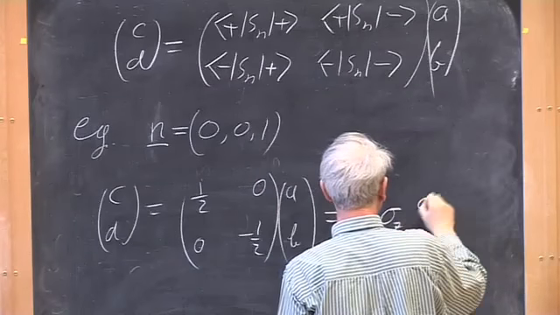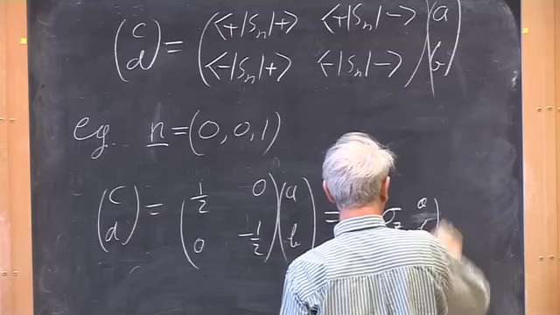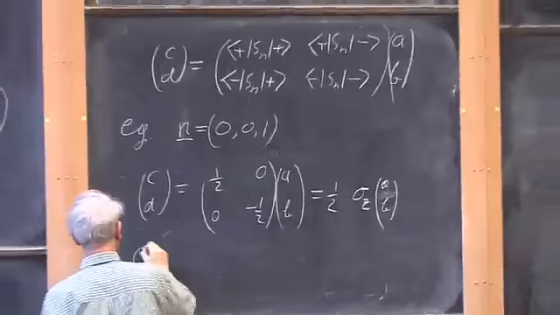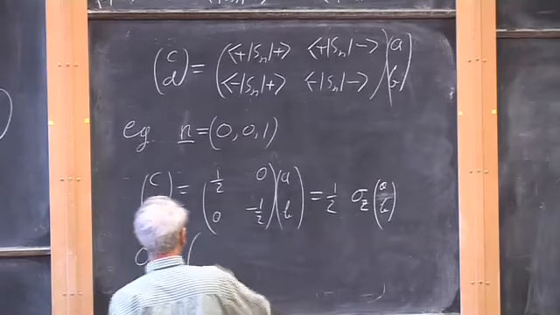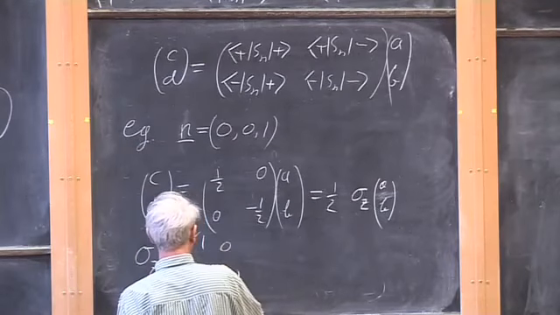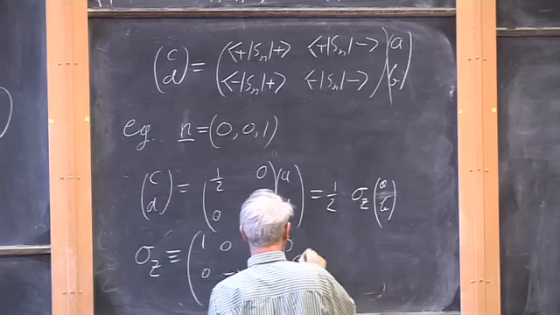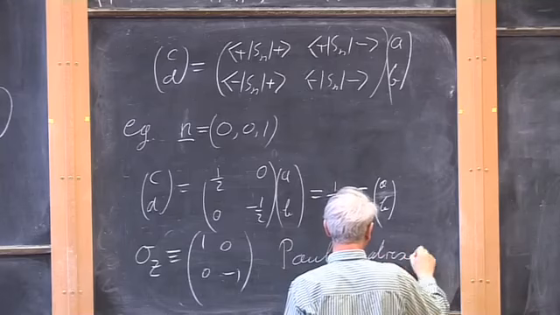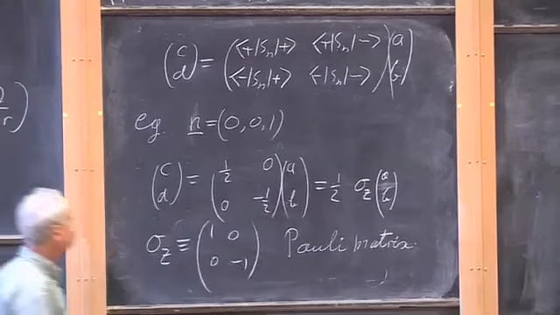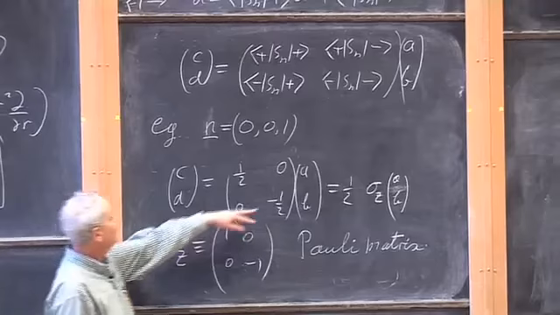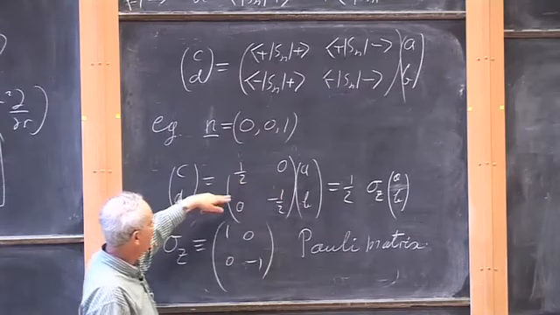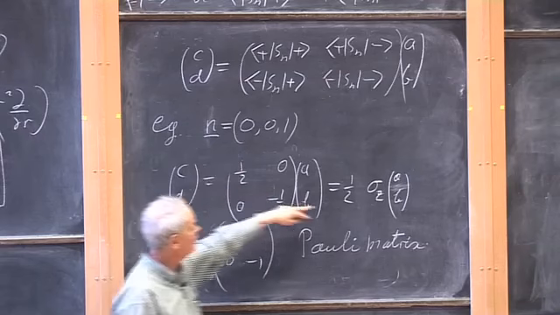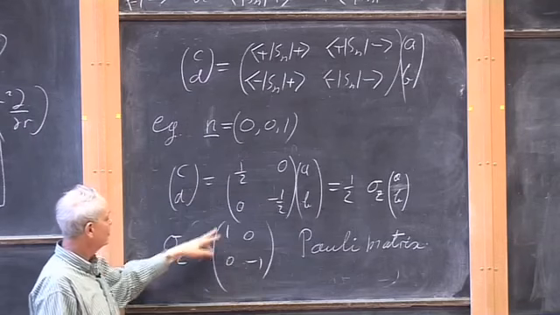So in this particular case, it evaluates to this, which people write as a half of sigma z, acting on column A, B, where sigma z is the Pauli matrix, 1, 0, 0, minus 1. So these matrices we really want are these matrices, but it's handy to take the half outside of the matrix and write them in terms of these.